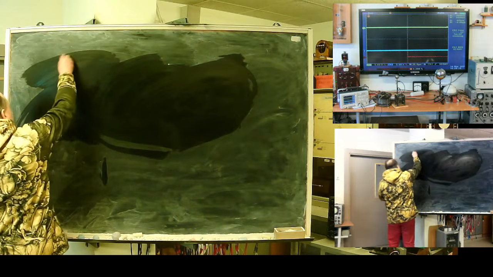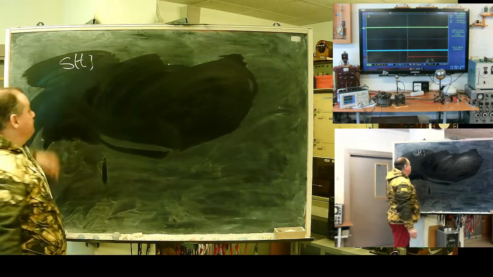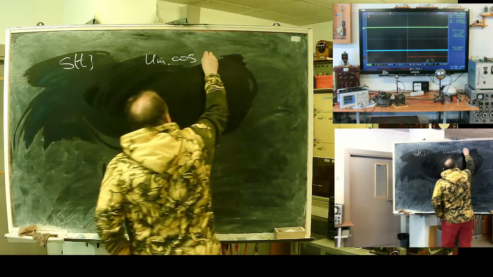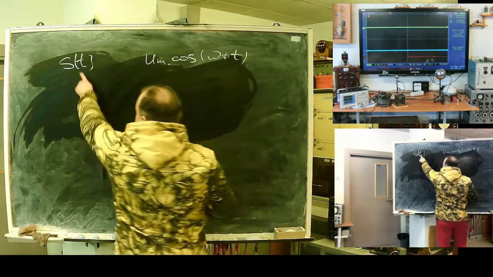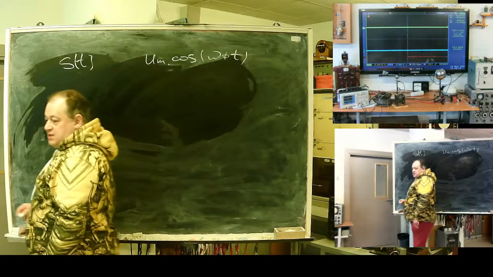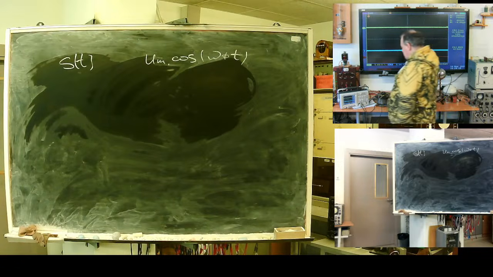So, okay, I have info to send, s(t), and the carrier cosine omega 0 t. The carrier is some kilohertz, maybe hundreds of thousands of kilohertz, megahertz.